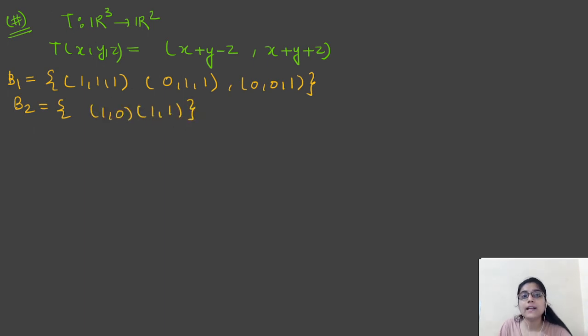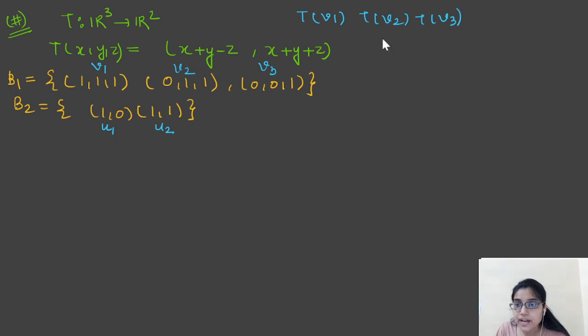So now you see one thing. If I call these members V1, V2, V3, and I call the others U1, U2, then T of V1, T of V2 and T of V3 are the images of V1, V2, V3. So where do they belong?